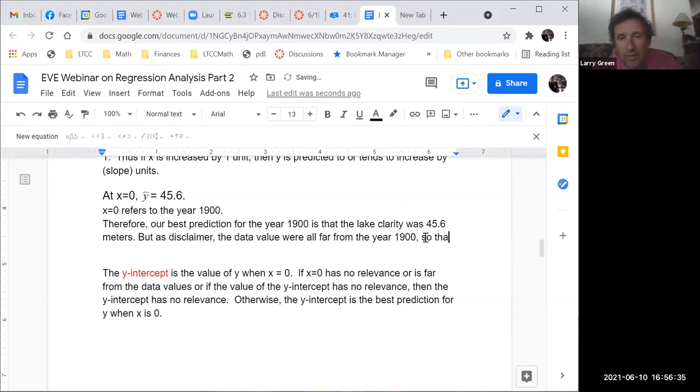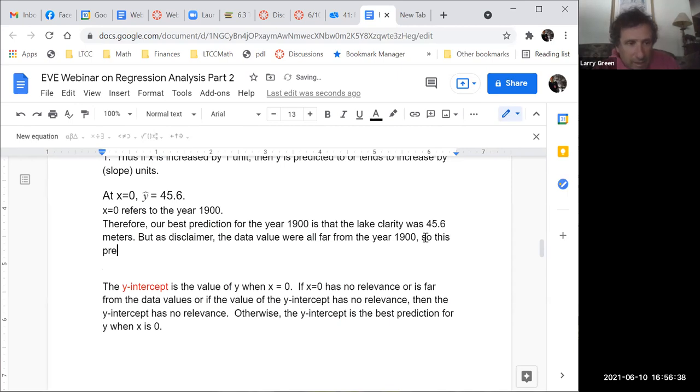So this prediction is not trustworthy. It's very important when someone does regression analysis to understand what you have to worry about. One of them is that if what you're trying to predict is nowhere near the data values, then you probably don't want to use the equation of the regression line for that.